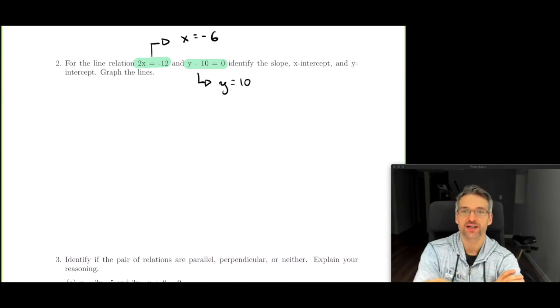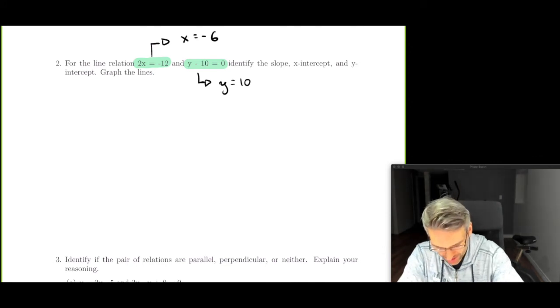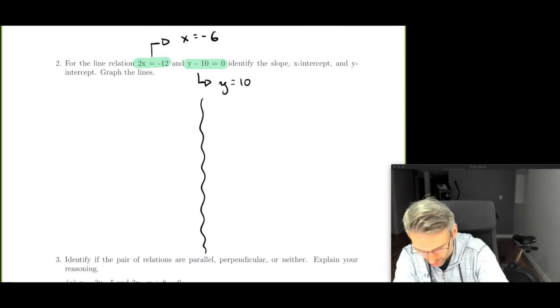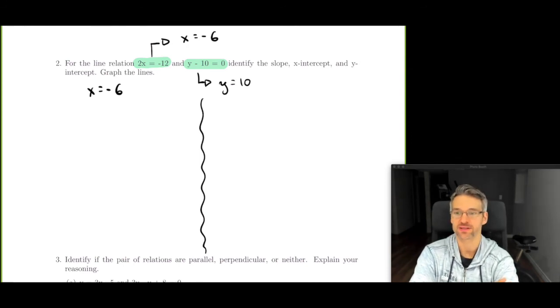So these are just horizontal and vertical lines, all right? For that kind of question, let me divide this in half here. And we'll work with x is equal to -6 here, and then y is equal to 10 on the opposite side. All right, and then I can graph them on the same space if necessary.